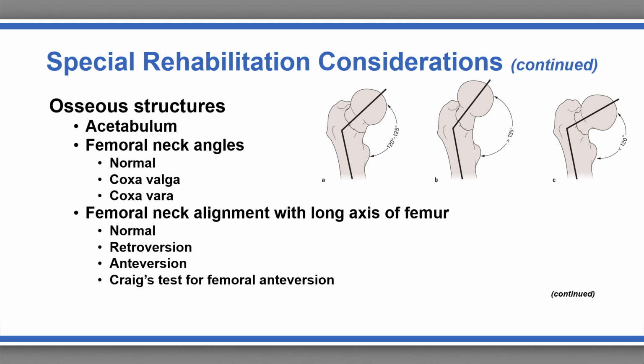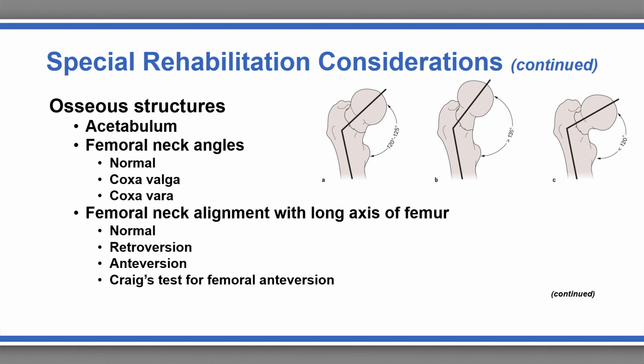Now, as you can see in the diagram on the far right of your screen, I was referring to the alignment of the femoral neck with the long axis of the femur. And as I was saying earlier, they do not lie in the same plane. Normal alignment places the neck in a position that is rotated slightly anterior to the femur's frontal plane in an adult, approximately 15 degrees.